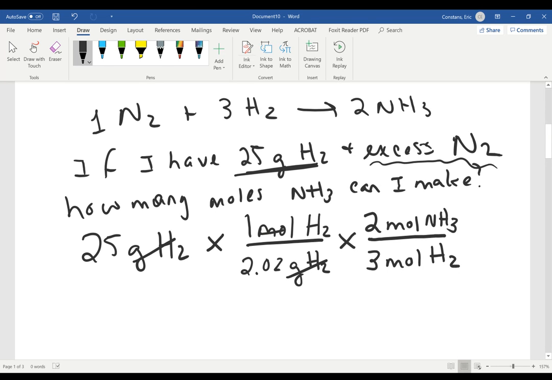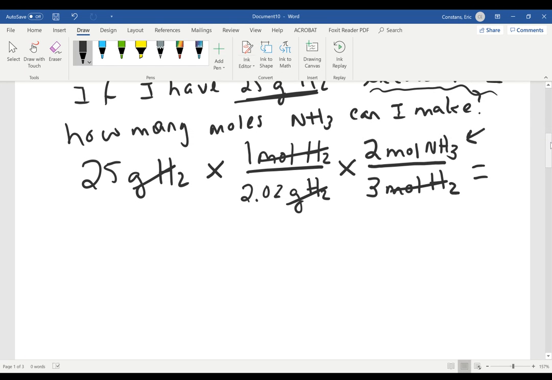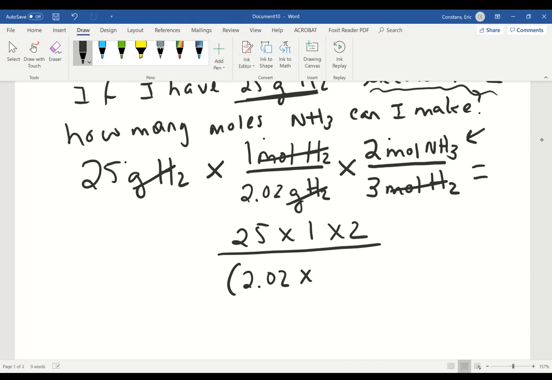And then notice that moles of hydrogen are going to cancel out, and the thing that I'm looking for is on the top. And then, as we've done before, we can multiply the top across, so 25 times 1 times 2, divided by, and again, I want to put this all in parentheses, 2.02 times 3.